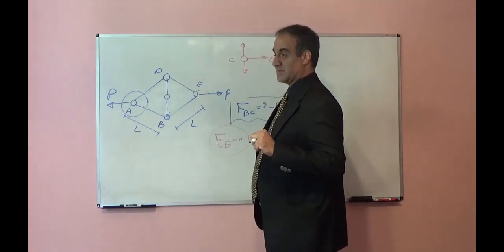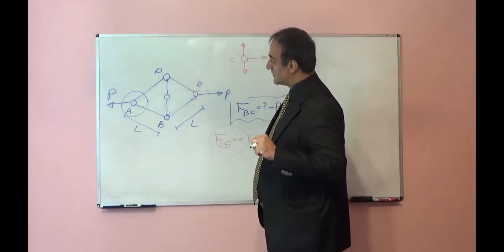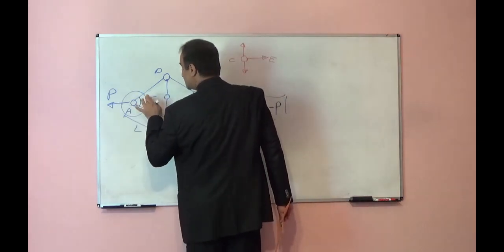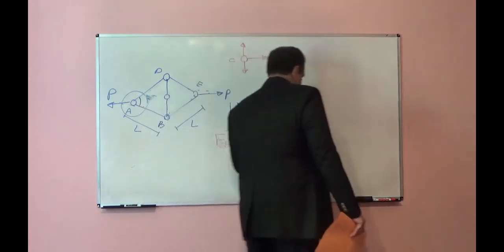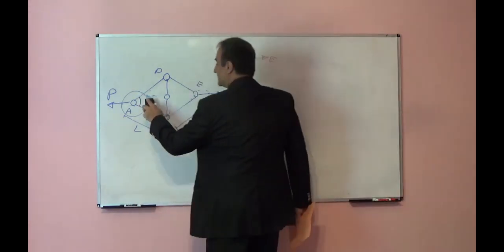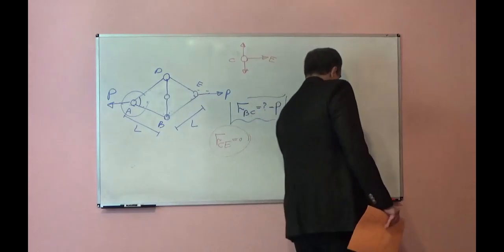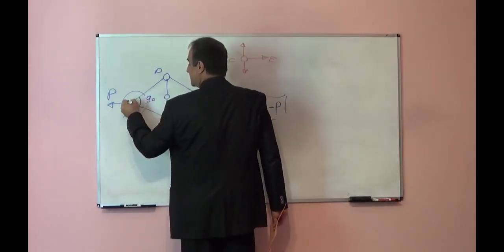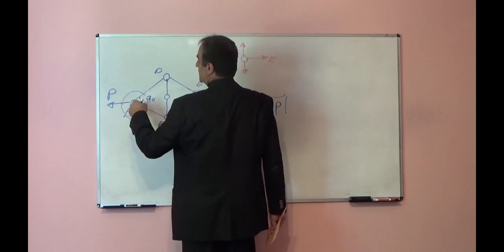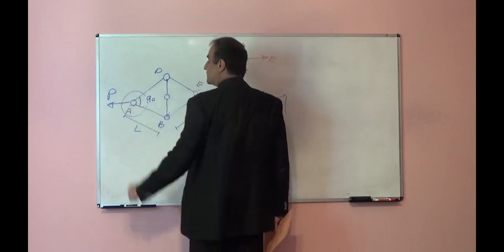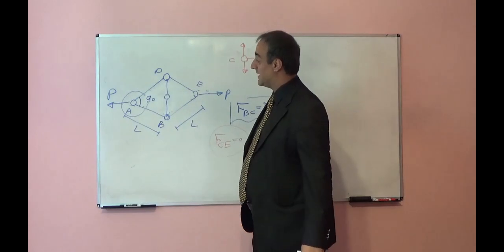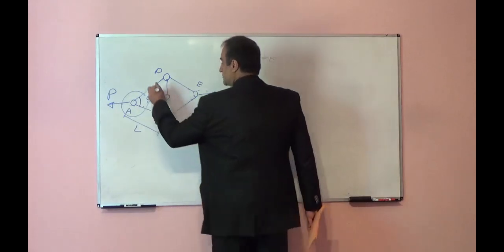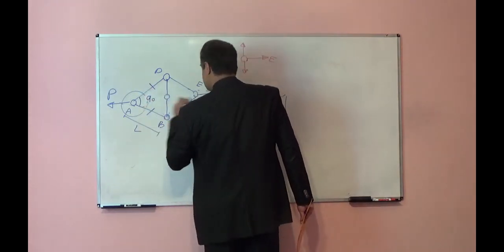If you write the summation of force in the horizontal direction, because that angle is 45 degrees, decomposing in the horizontal direction, F_AD cosine 45 plus F_AB cosine 45 should be equal to P. So you can find the force in this member and in this member.